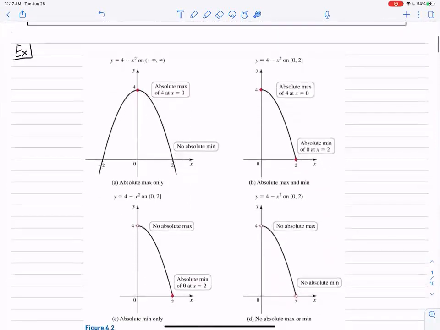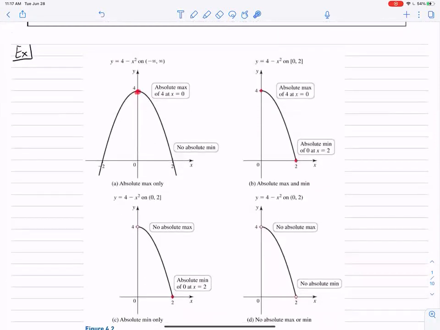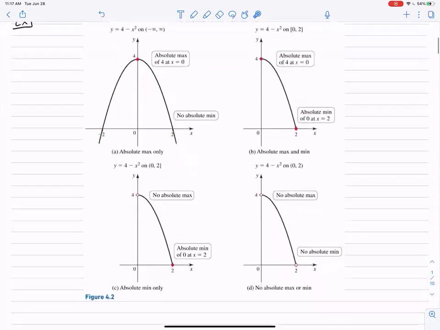It's easy to see what we mean by a picture. So this is an absolute max because on its entire domain, there's no number bigger. And then this one, if we just restricted our domain to just 0 to 2, then this is still an absolute max. And now this is an absolute min, whereas this one doesn't have an absolute min because these guys just keep going off to negative infinity.